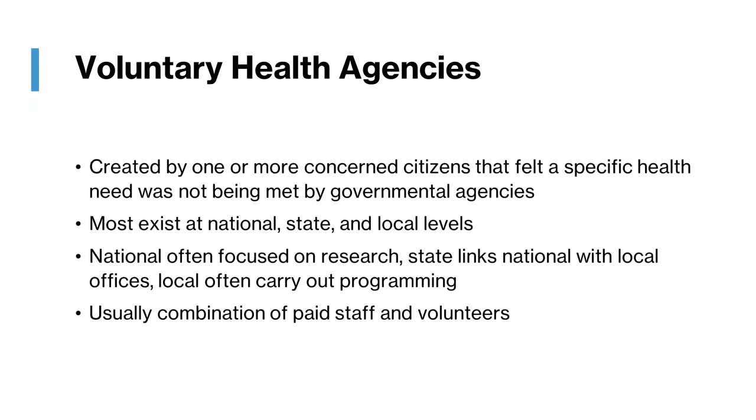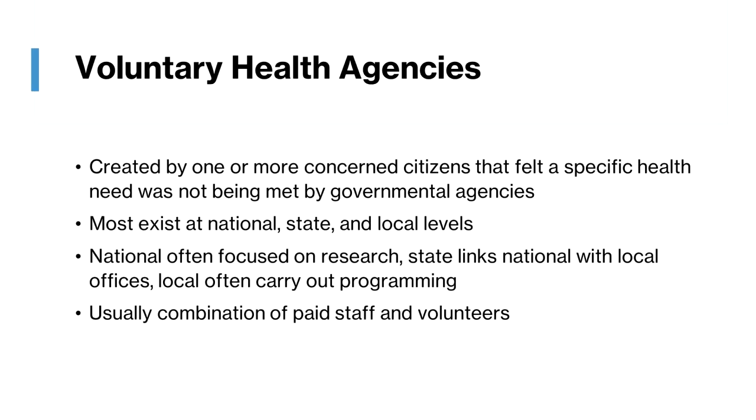So the first category is voluntary health agencies, and these typically are created by one or more concerned citizens who really wanted to advocate for a particular health issue that was near and dear to their heart. And these can be at the national, state, or provincial or local levels.